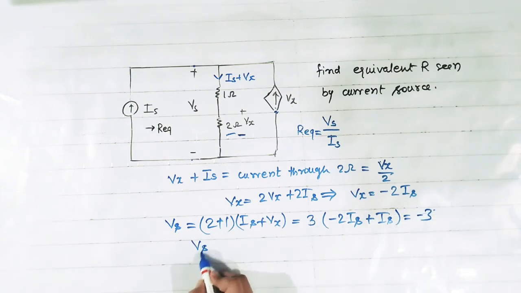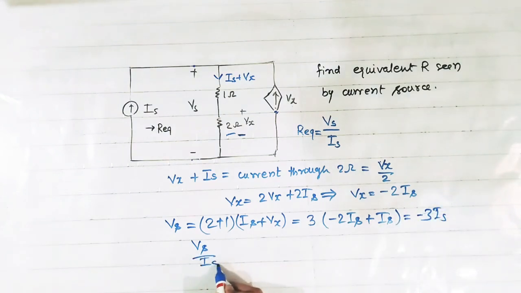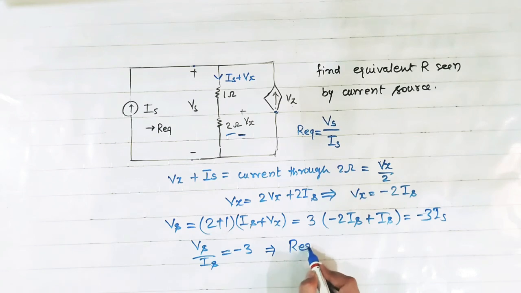So Vs by Is is equal to minus 3, so we can say that the equivalent resistance is equal to 3 ohm. Okay, so this is the answer of this question.